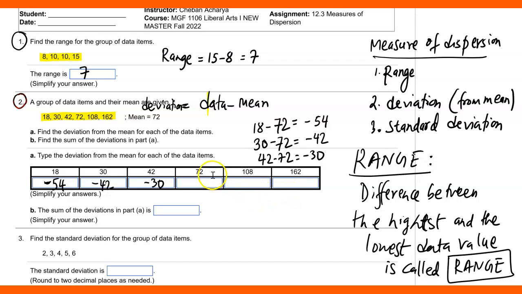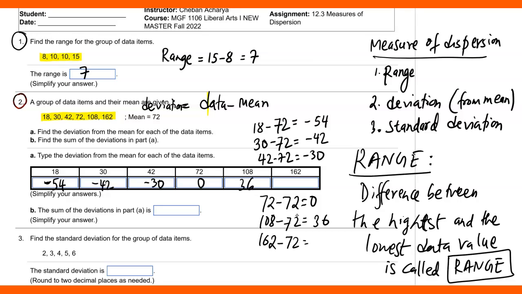And what's the deviation of 72? 72 minus 72, which is going to be 0. 0 is the deviation. What's the deviation of 108? 108 minus 72. Remember that always it's data minus the mean, which is going to be 36. And finally, for 162, the deviation is 162 minus 72.